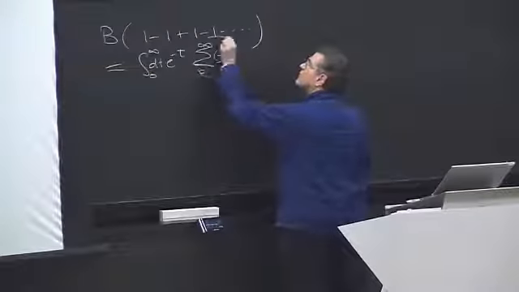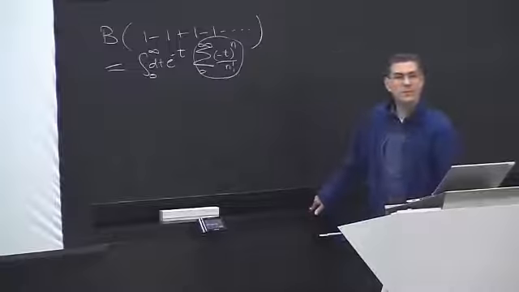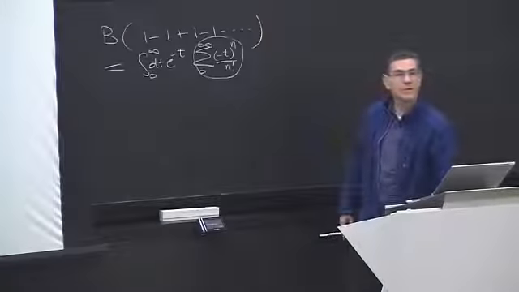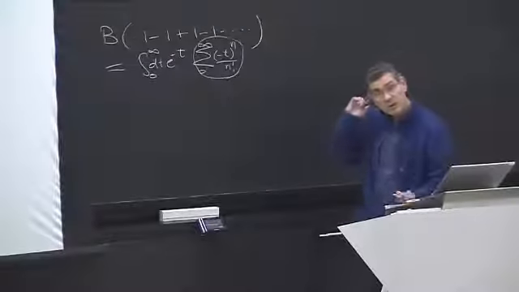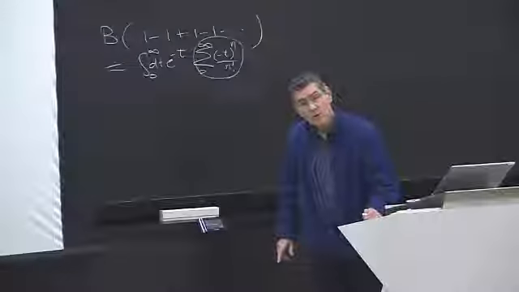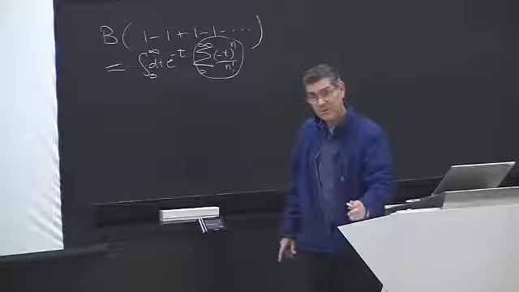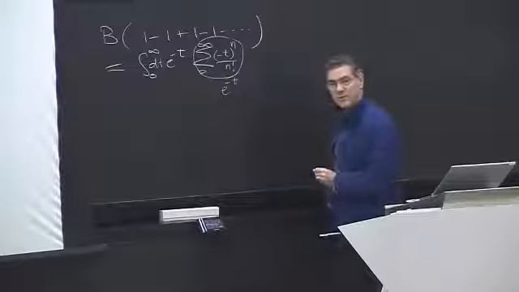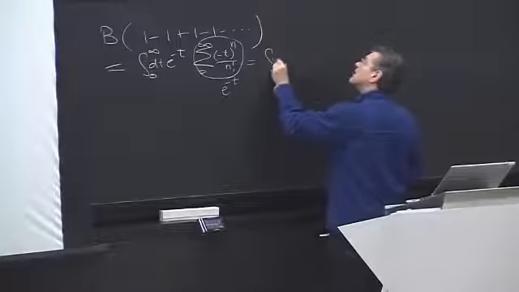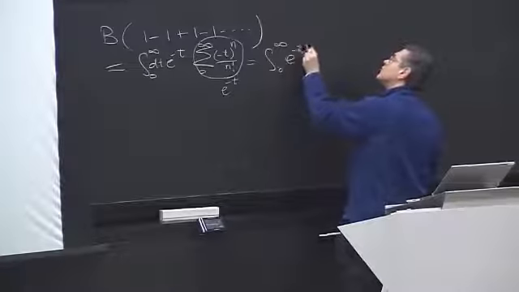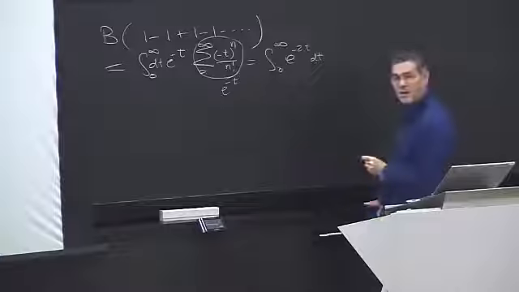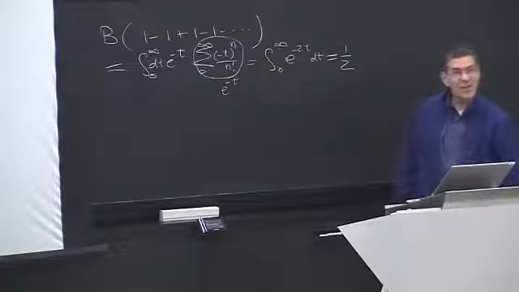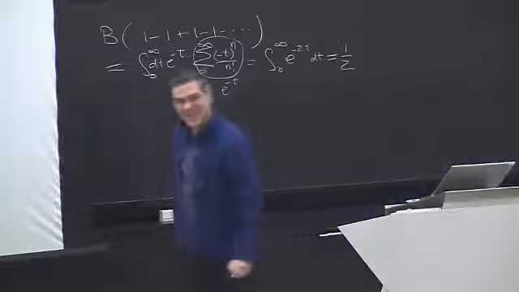What is that sum? That's right. It's e to the minus t. So this integral is e to the minus 2t dt, okay, which is 1/2. Unbelievable! Look at that.